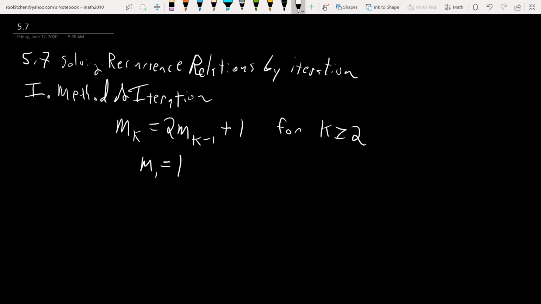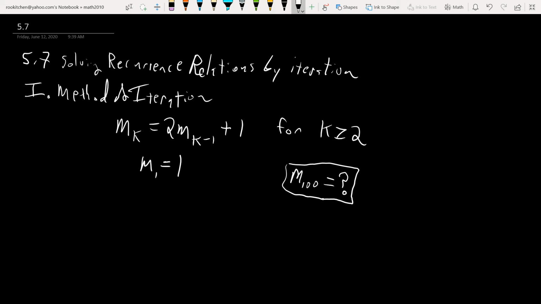If we want to know how many moves it takes to solve a Hanoi Tower that's 100 donuts tall, how can I figure that out without having to know how many moves it takes to solve a Hanoi Tower puzzle that has 99 donuts on it, right? So you need to know the previous value before you can get m sub 100, etc.